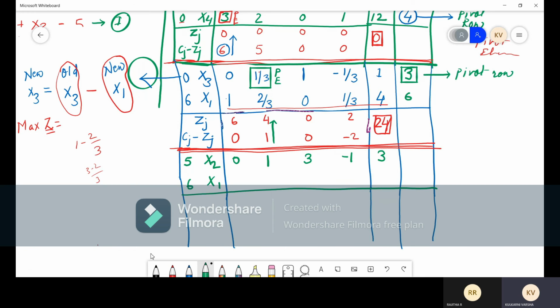Now we need to find out for x1. As usual, to find x1, we need to decide whether we have to do plus, minus, and so on. So see x1. We should get 1 over here for x1, and 0 for x2, because these are the basic variables. No?